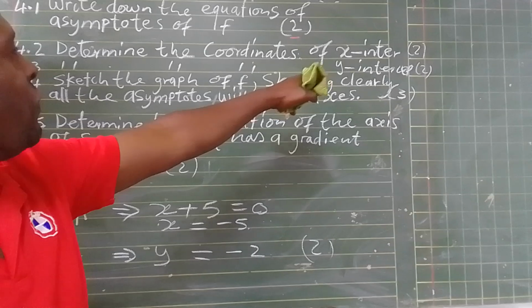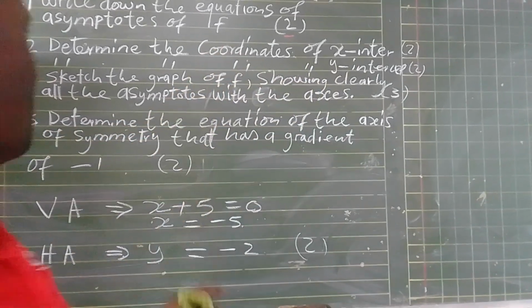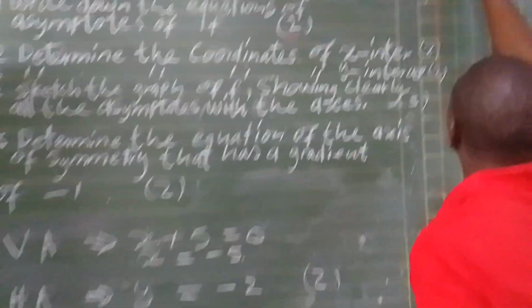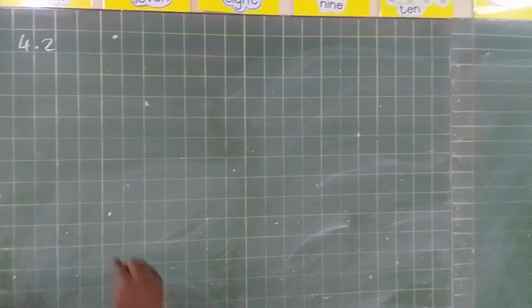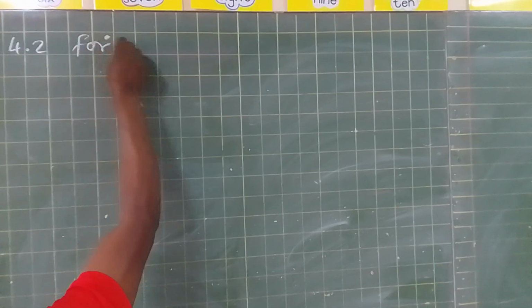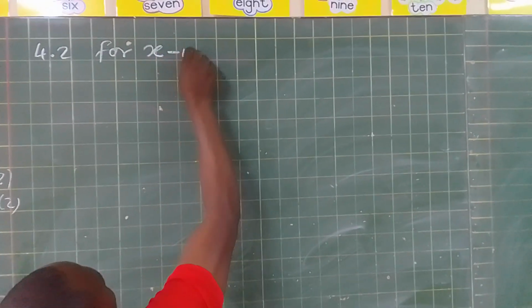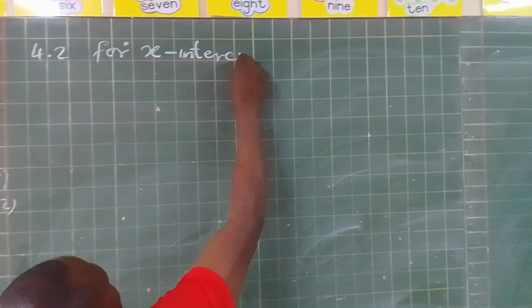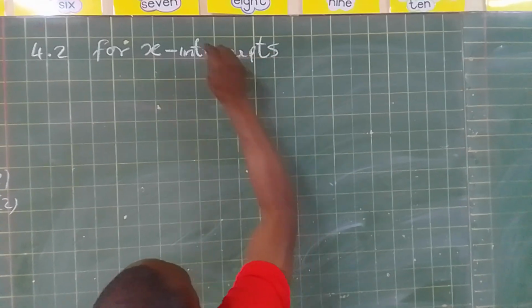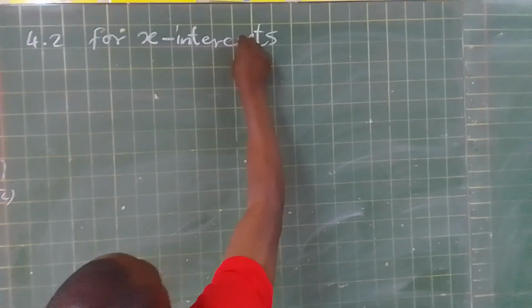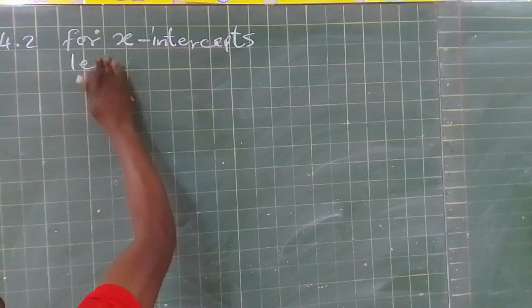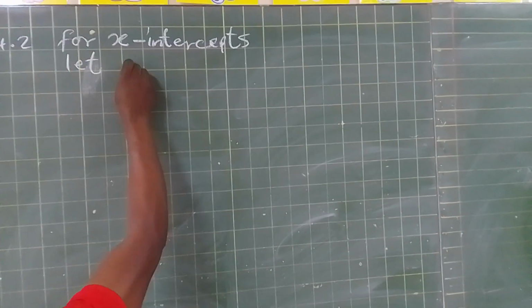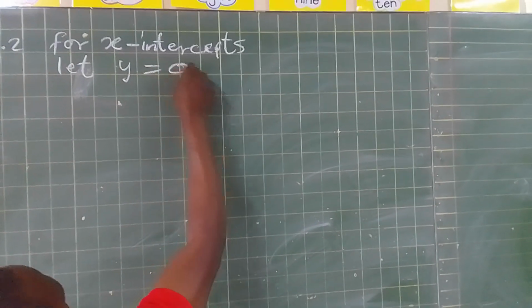Determine the coordinates of x-intercept for 2 marks. 4.2. When they say they want you to determine the coordinates of x-intercept, for x-intercepts, you let y to be 0.